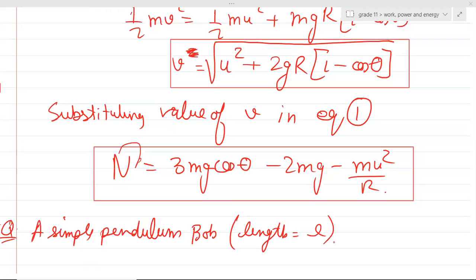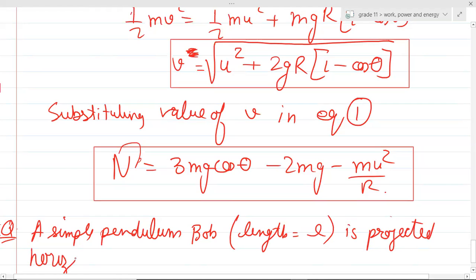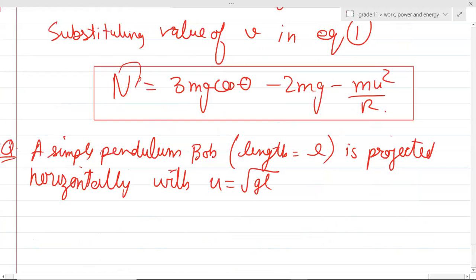So suppose there is a simple pendulum bob, length L, projected horizontally with speed under root of gL. I'm not throwing it with the speed of under root of 2gL, I'm throwing it with the speed of under root of gL from the bottom.